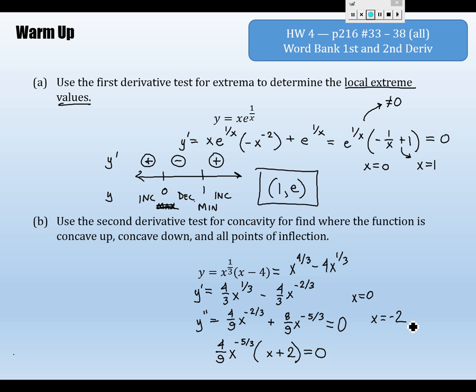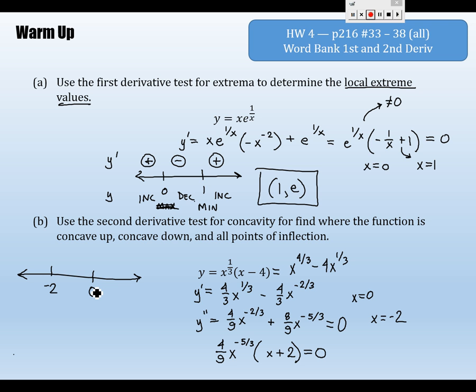Okay, so let's put those on a number line. And then we're testing, again, let's go back to the second derivative here, maybe in this form down here that Kathy has it, and put values in. If we put in negative a million or something, what do we get?